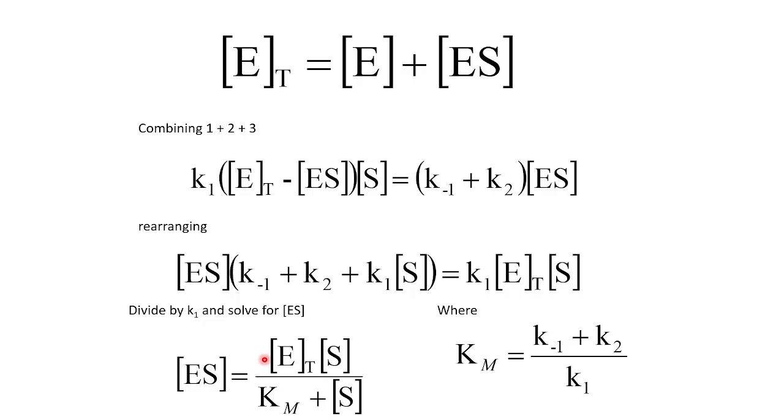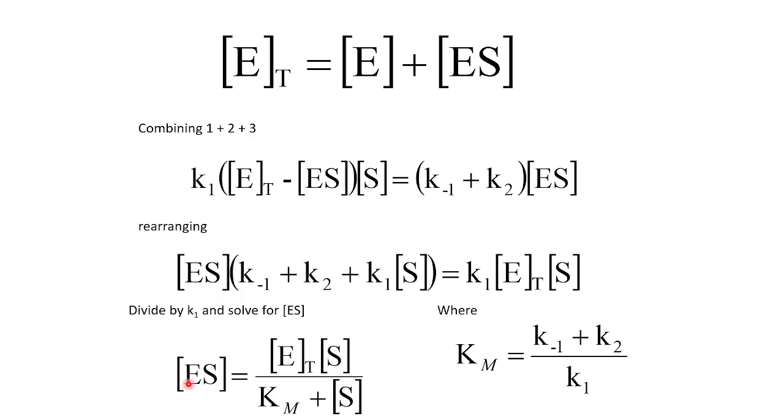So we write all of these equations, where the total enzyme concentration is the sum of the free enzyme concentration and the enzyme substrate complex. Combining these equations, we can rearrange, divide and multiply, and write the concentration of enzyme substrate as equal to the total enzyme concentration into substrate concentration divided by Km plus substrate concentration.